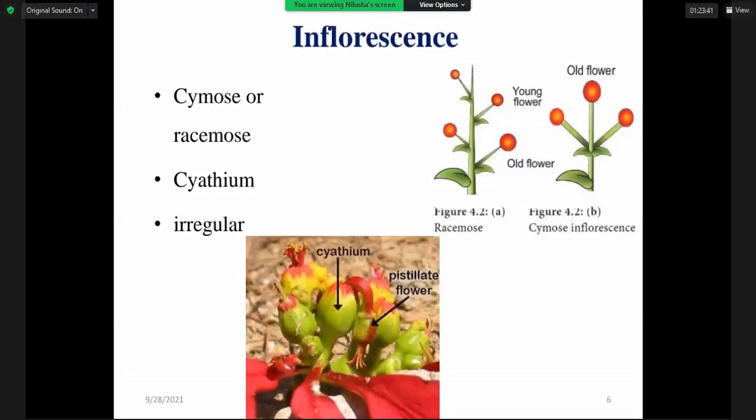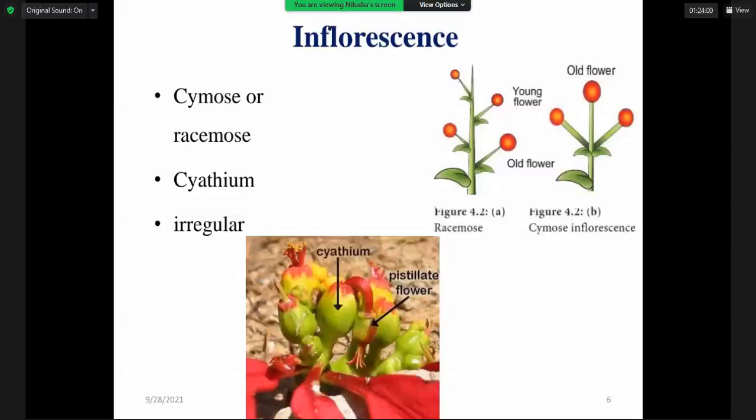Racemose means there is one unbranched axis and the flowers are attached to that axis with a pedicel.